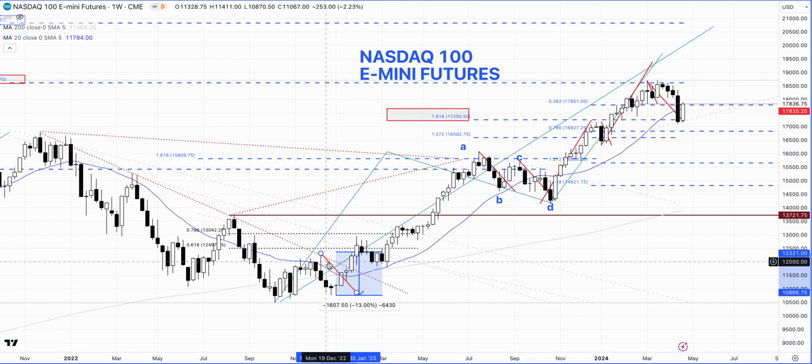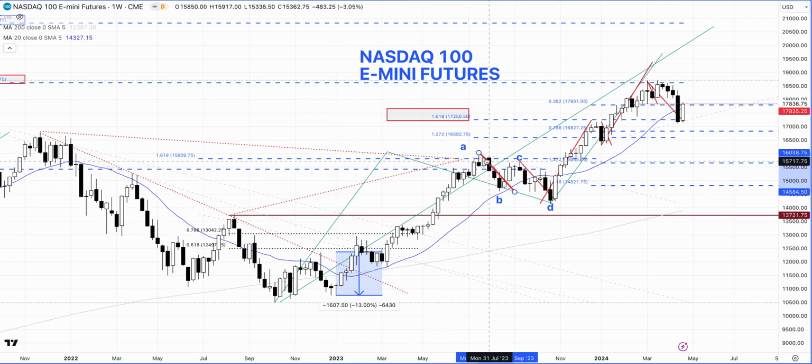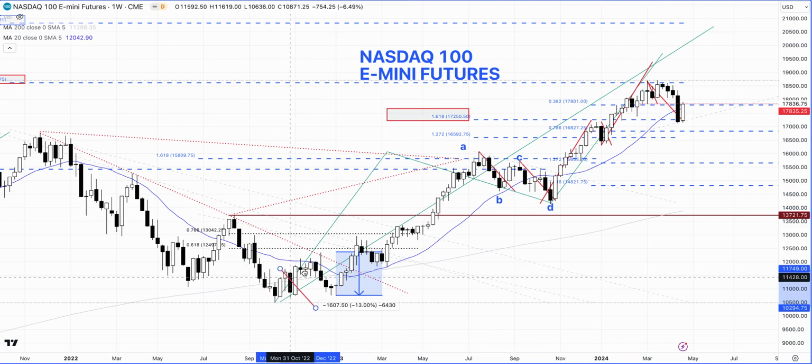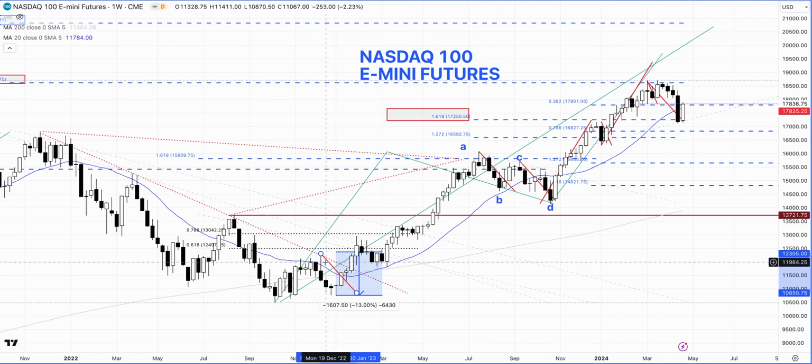So this is the correction, the first correction that took place in this run, and if we just copy this one and we move it over here, we have this phase which was exactly the same, this one exactly the same, and in fact this was the ABCD formation. And now again, if we take a look at the actual magnitude of the move, we have actually achieved that already in the NASDAQ 100. So this is something really important to pay attention to.